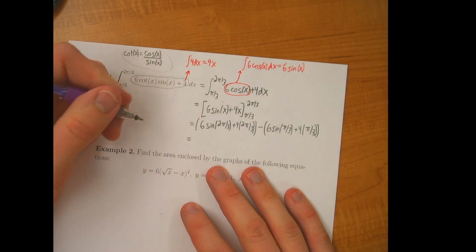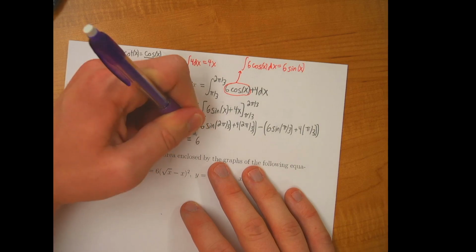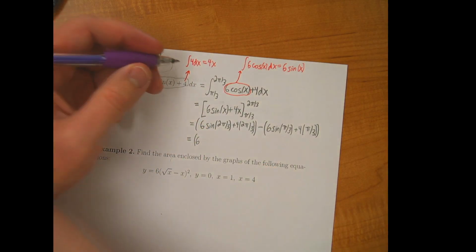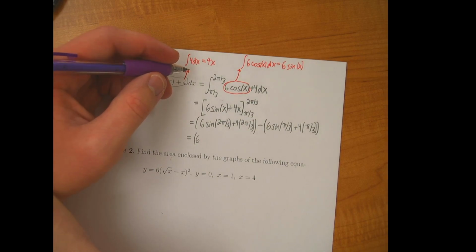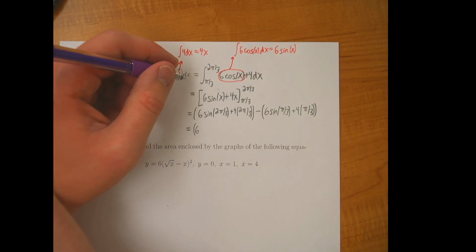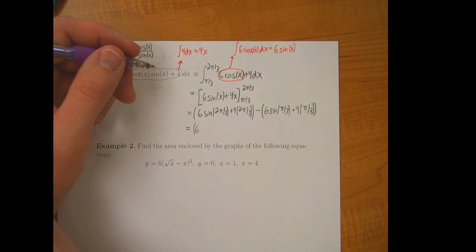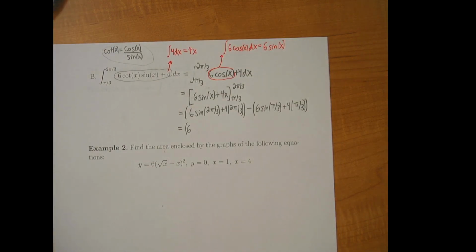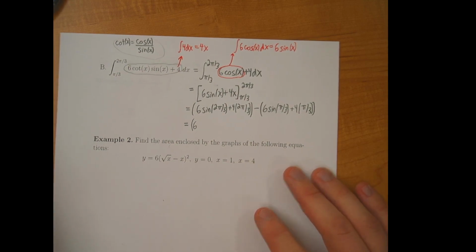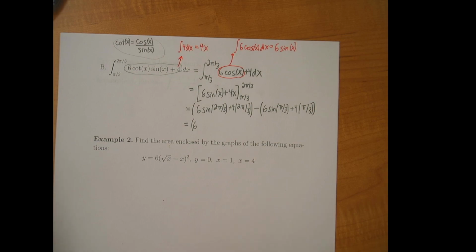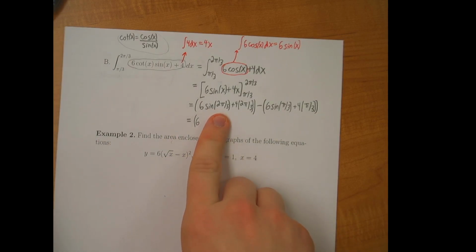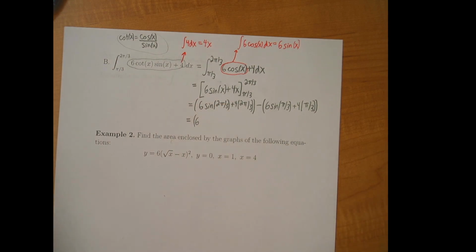So we have 6 times sine of 2 pi over 3, but what exact value does that take here, if you remember your unit circle? So as I remember, the sine of 2 pi over 3 from the unit circle is root 3 over 2, right?